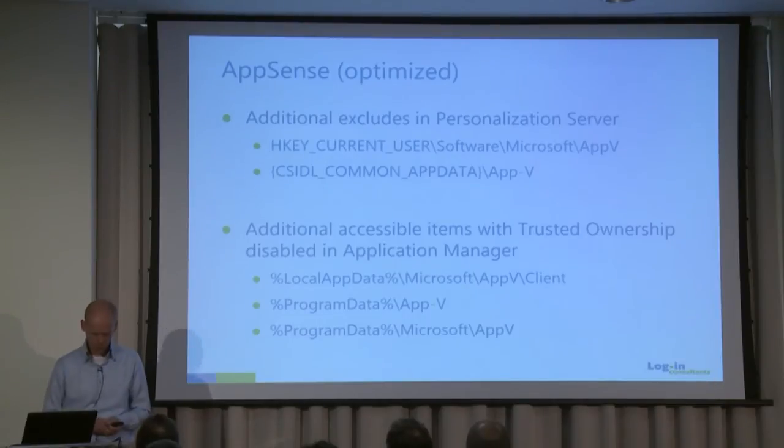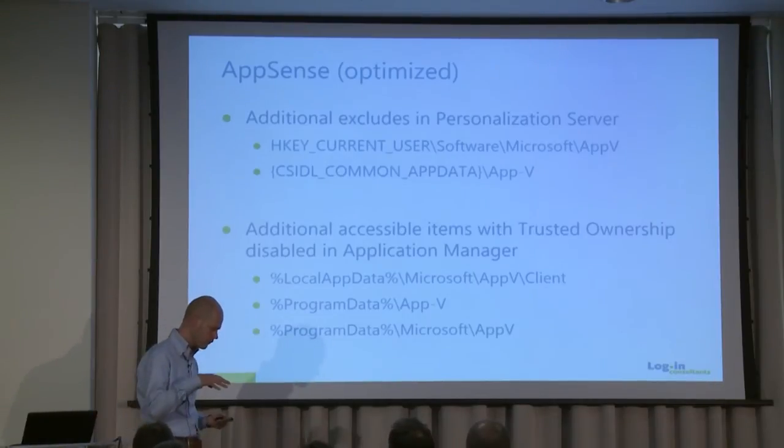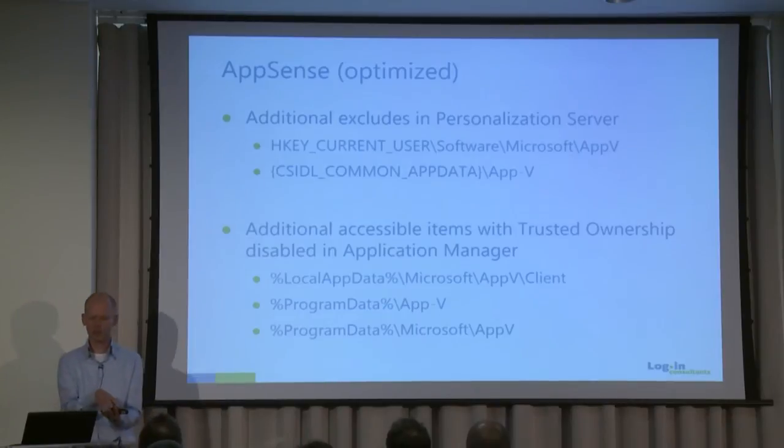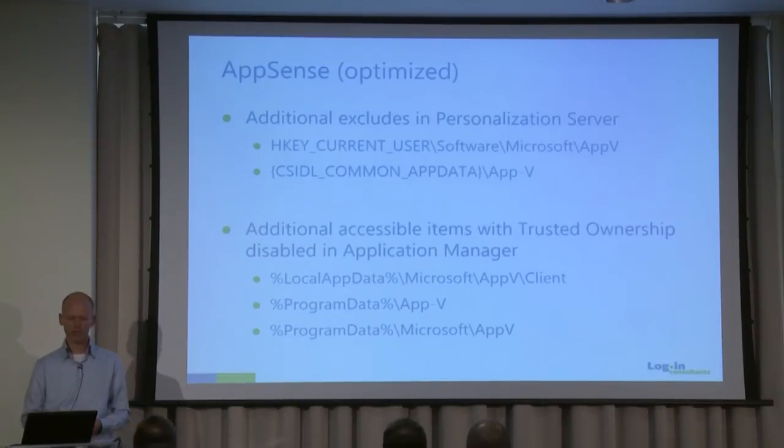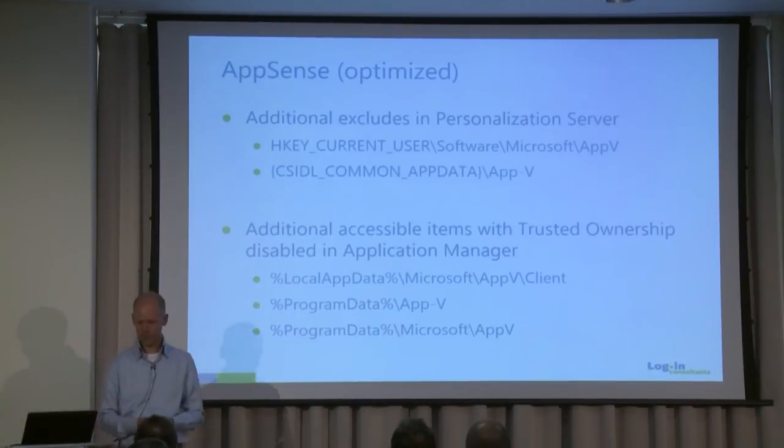And since we were also using access permissions and trusted ownerships in Application Manager to prevent users from starting unauthorized applications, we had to exclude some stuff there as well. This is either already in a newer version or will be pretty soon. So that one worked pretty well.